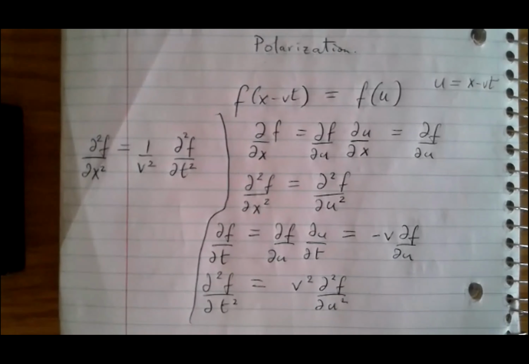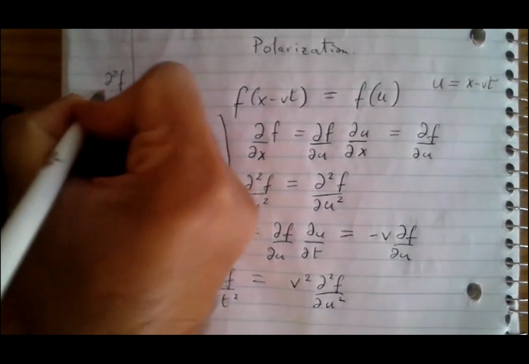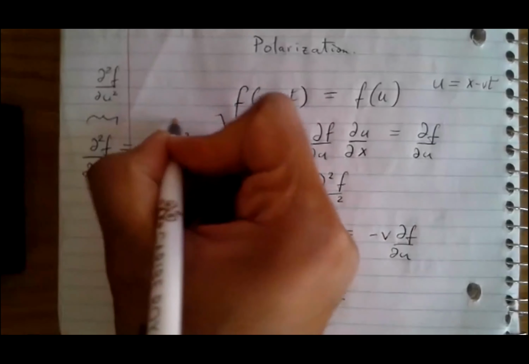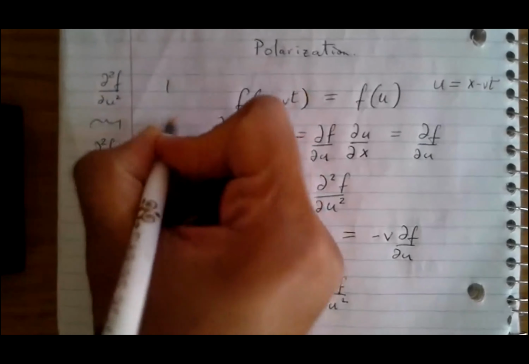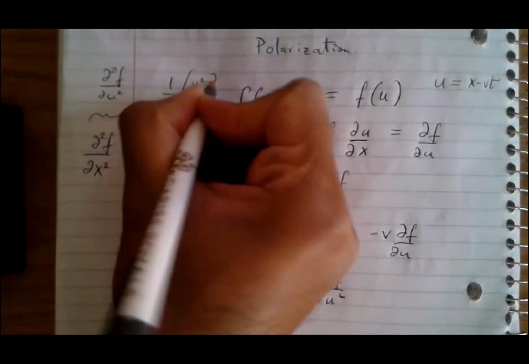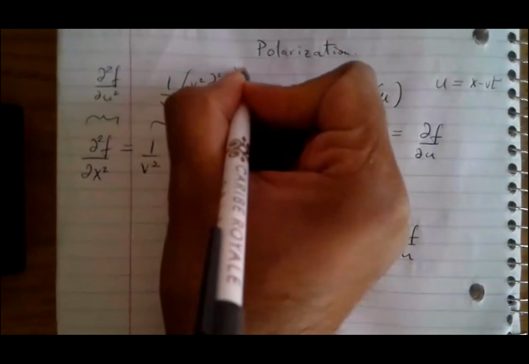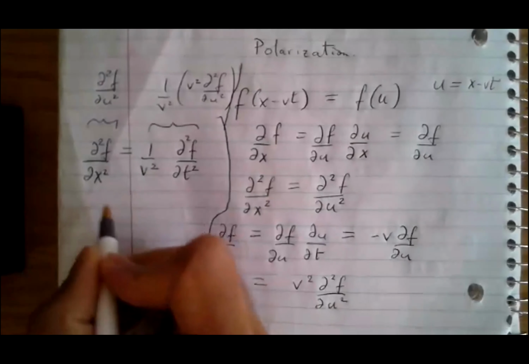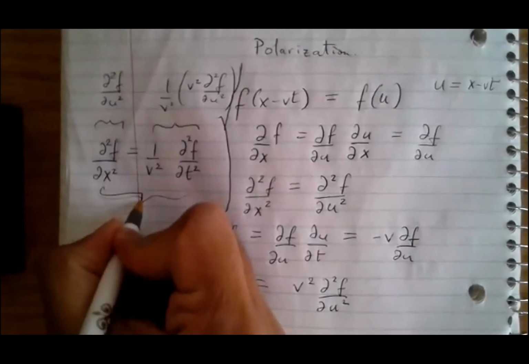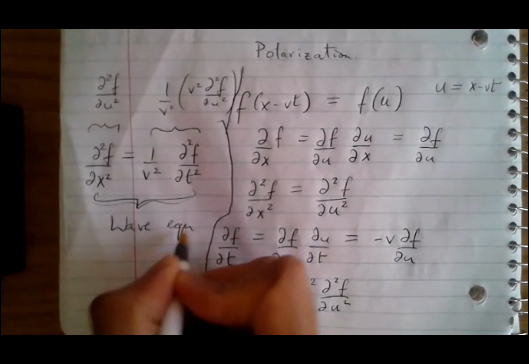Because on this side I have just the second derivative of f with respect to u, and on this side I have 1 over v squared times the second derivative of f with respect to u. But this is the wave equation in 1D.